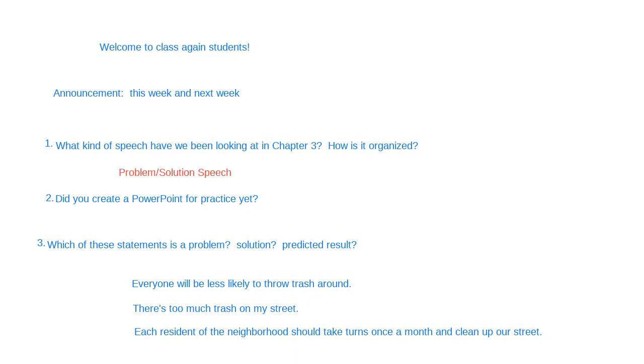Okay, problem solution speech. If you look on page 73, the speaking task for this chapter is at the top in the red, by the red lines. It says, give a presentation on a transportation problem and suggest solutions to solve the problem.